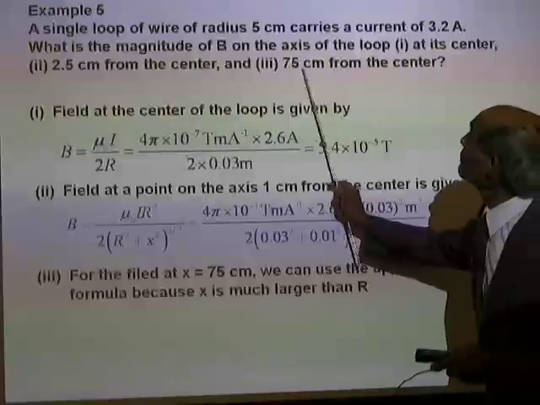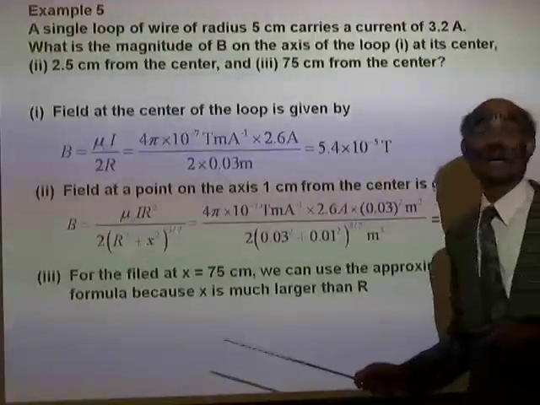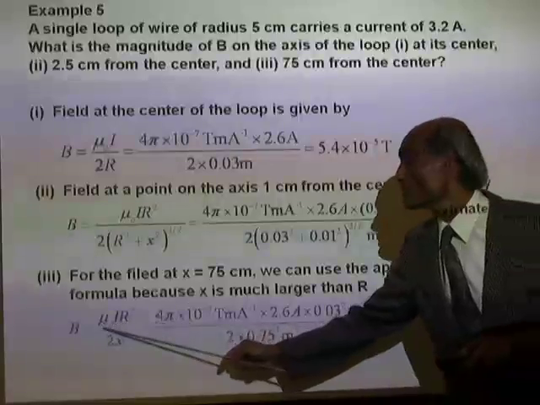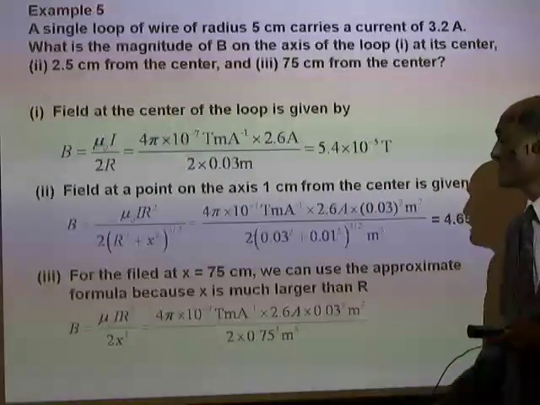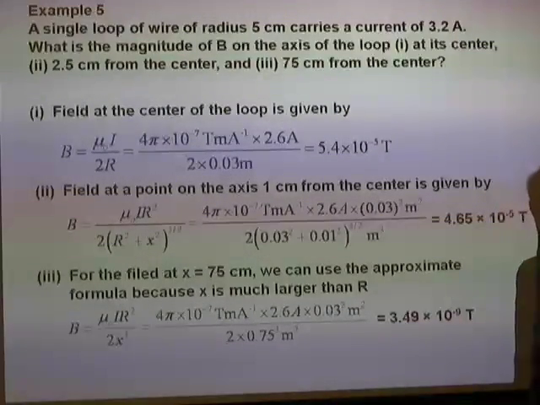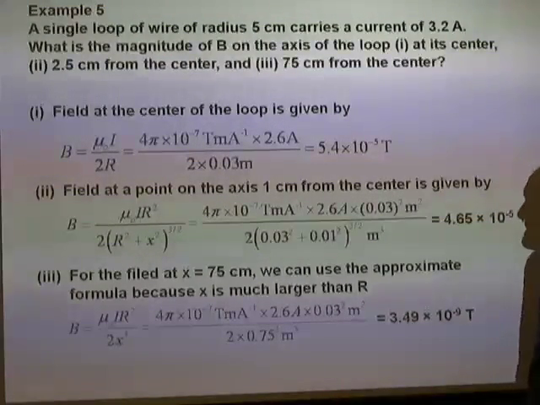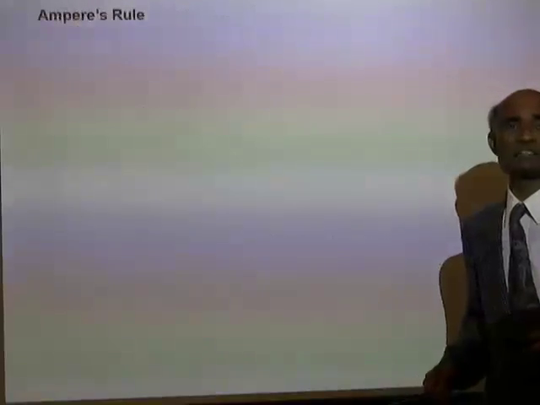And finally, the field at 75 centimeter, we use the approximate formula, mu 0 I r squared over 2x cubed, and that gives you 3.49 times 10 to the negative 9 Tesla. So this kind of problems are very simple and straightforward.